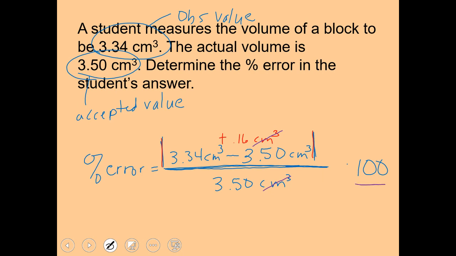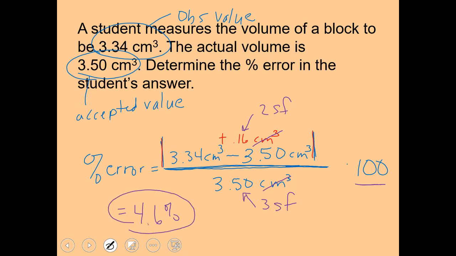This is a constant, so it's not going to limit our sig figs. This has 2 sig figs. This has 3 sig figs. So when we divide and multiply by 100, our answer is going to be rounded to 2 sig figs. And we got 4.6% for the error.